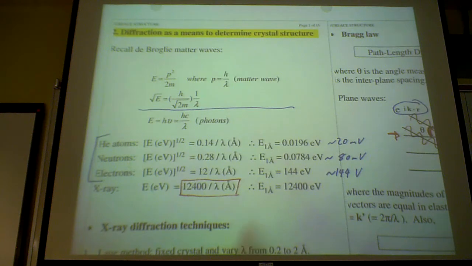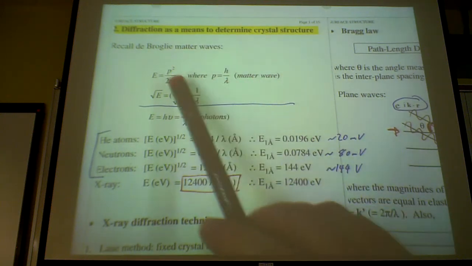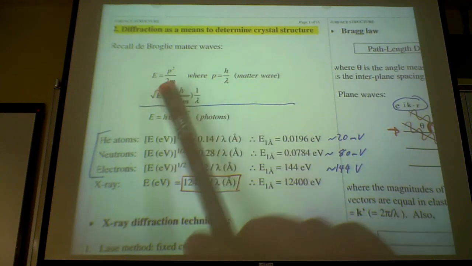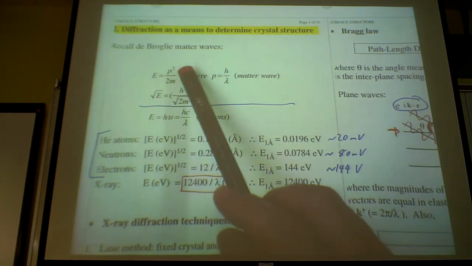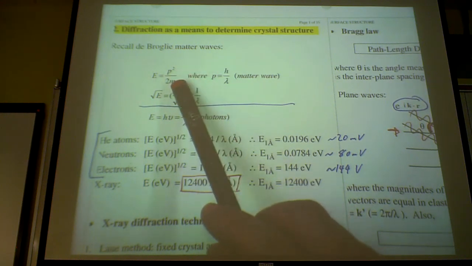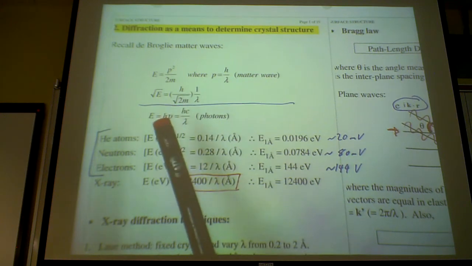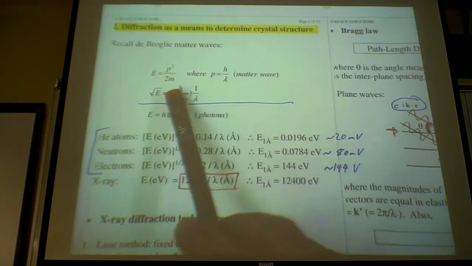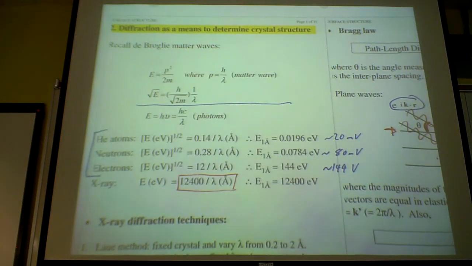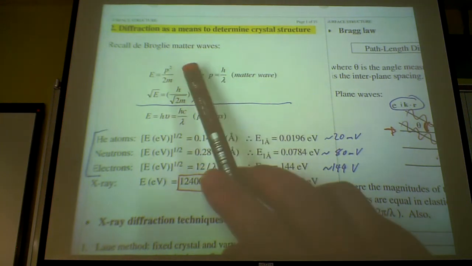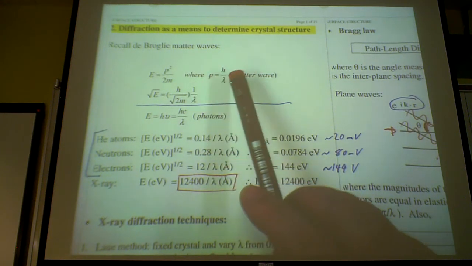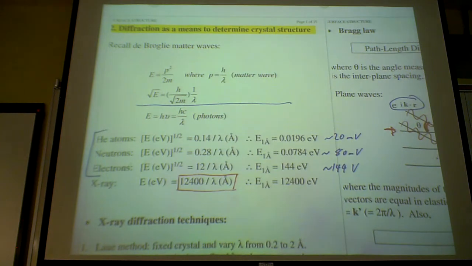And so the way you think about this is that your kinetic energy is momentum squared divided by 2m, right? So we know that. And the momentum is given by the de Broglie matter wave. De Broglie came up with the idea that momentum is just Planck's constant divided by lambda, which is the wavelength of your matter waves.